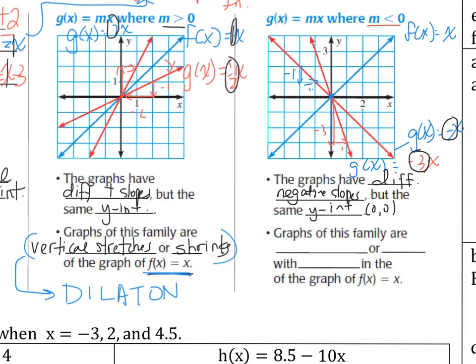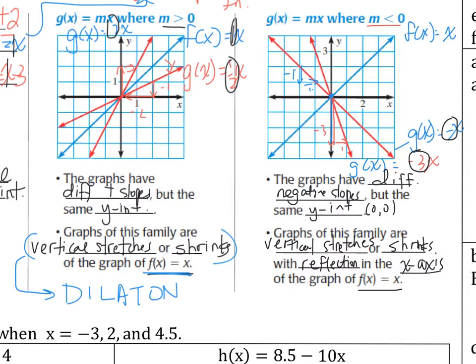Graphs of this family are, again, what we call vertical stretches or shrinks with reflection in the x-axis of the graph of f of x equals x.